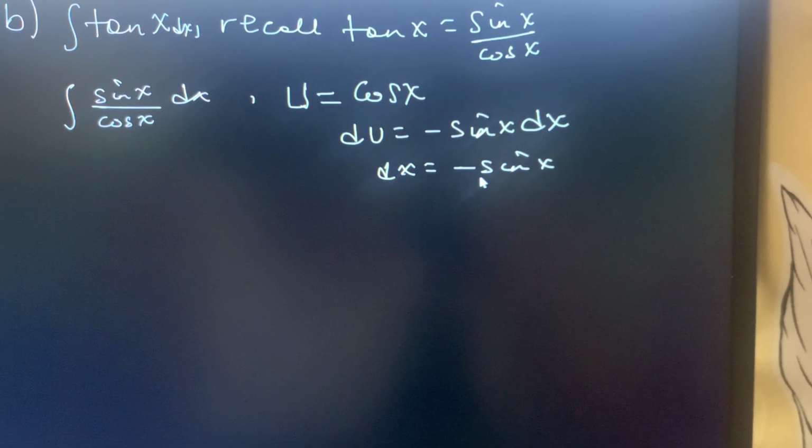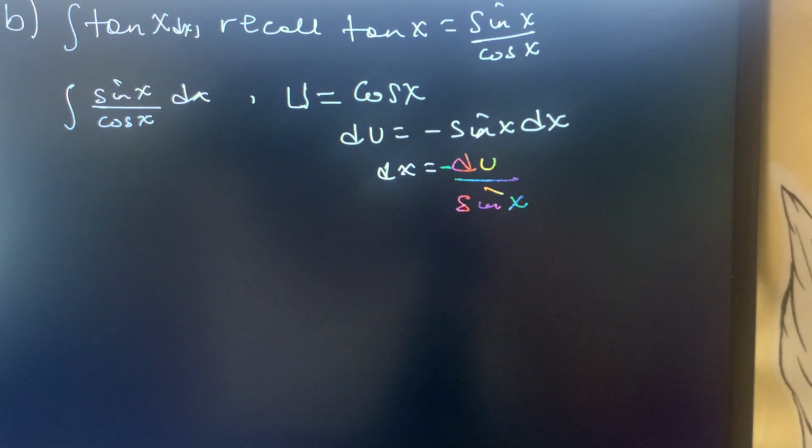If I divide both sides by minus sine x, dx is going to be du over minus sine x, which is negative.